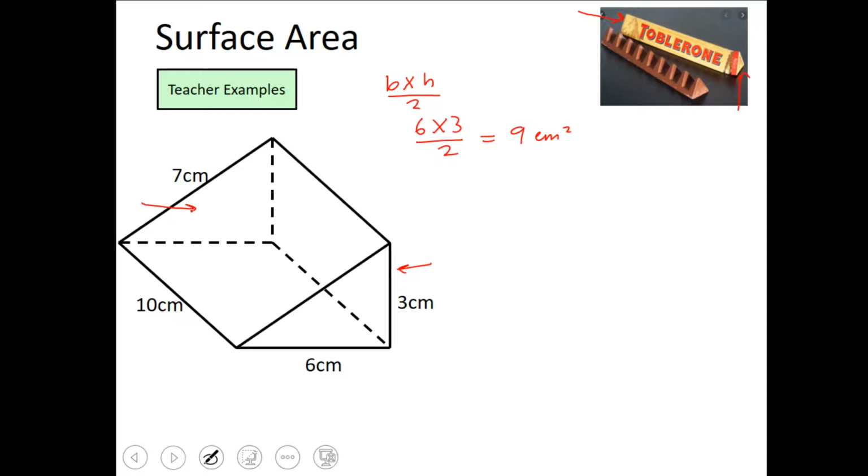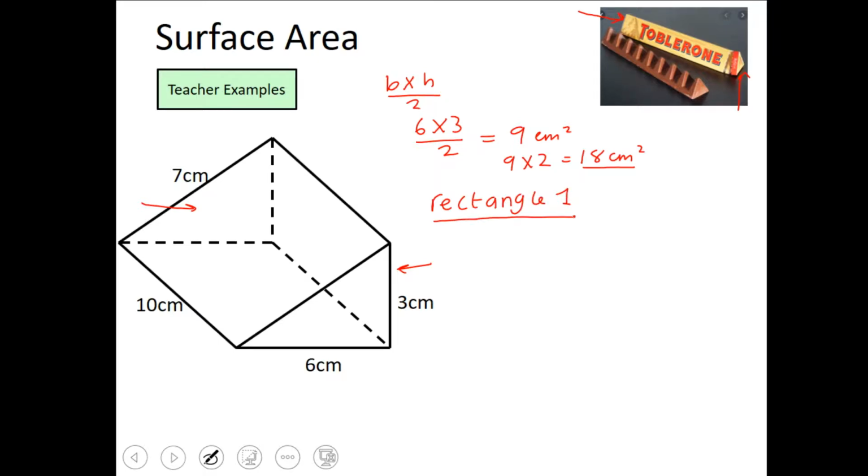So what you have to do is 9 times 2, and you get 18 centimeters squared. So we have worked out 2 out of the 5 faces of this shape. So now we've got 3 rectangles left. So we'll name them rectangle 1, rectangle 2, and rectangle 3.